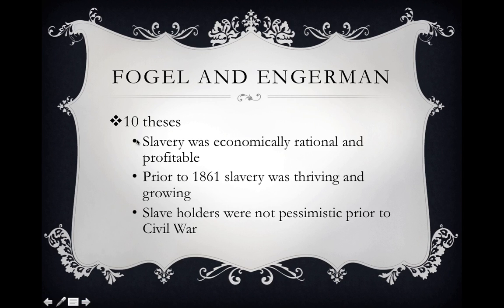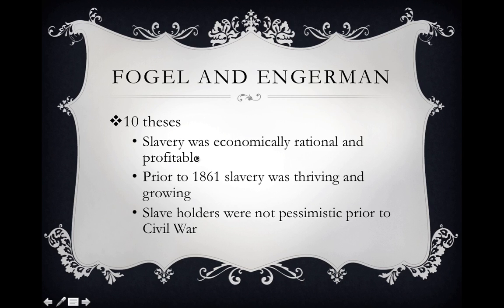All right, so just a few of these. Slavery was economically rational and profitable. Not too much different from Conrad and Meyer here. Neither is this: prior to 1861, slavery was thriving and growing. These two theses are basically the same as Conrad and Meyer's. They just strengthen it or come to agreement with them.